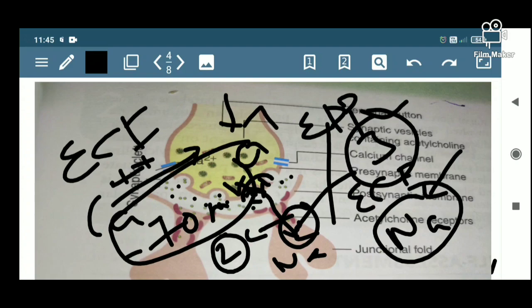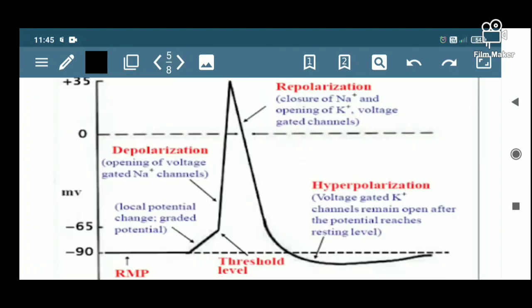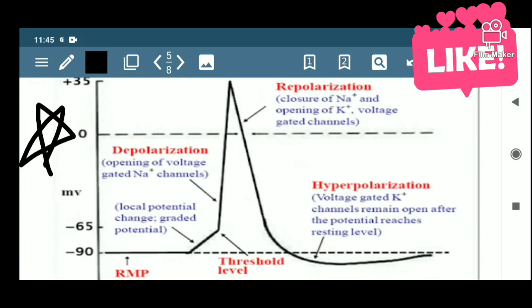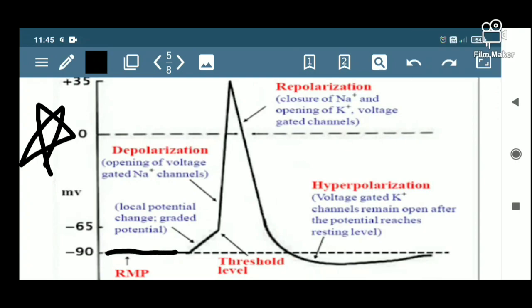So we have completed the three events, and I want to explain this graph, which we also learned in 12th class. This is a very important graph. From the resting membrane potential, there is an influx of sodium and it leads to depolarization and development of action potential, and then due to the opening of potassium gated channels, there is efflux of more potassium and it leads to more negativity as the sodium channels are closed.